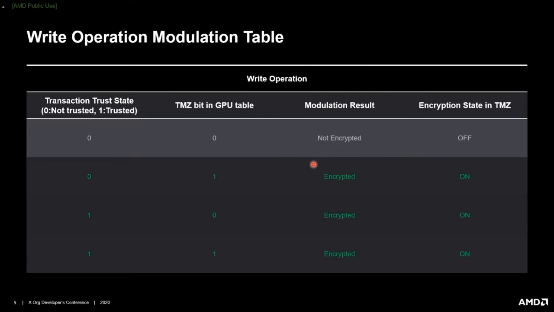And that means if somebody mistakenly misconfigures the TMZ bit in the GPU page table, the content in the buffer is still in protected mode, so that's very safe.